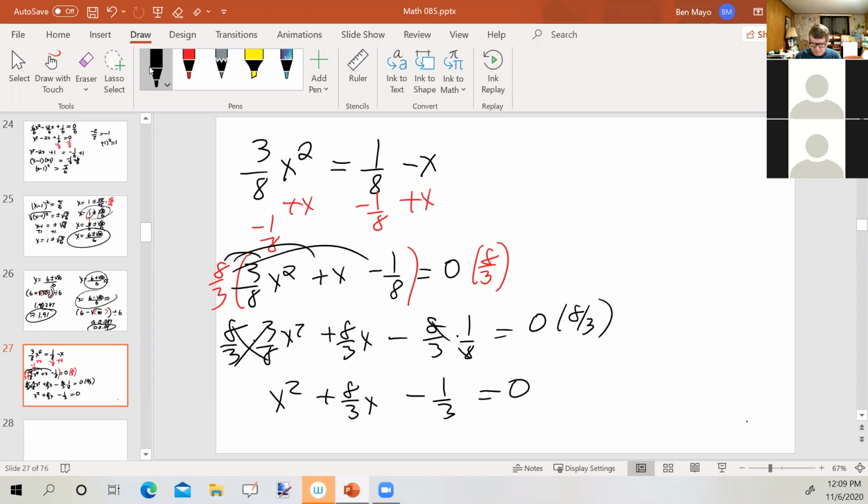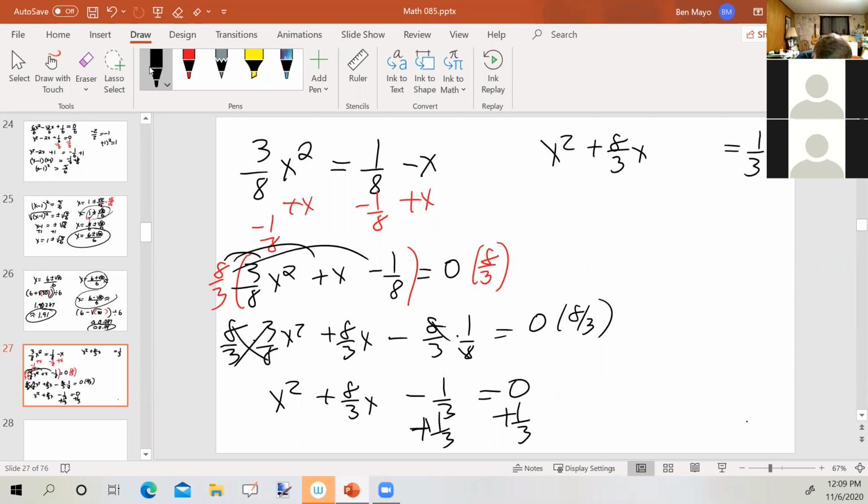Okay. Next step, I'm going to put that 1/3 back on the right side. So I've got x squared plus 8/3 x equals 1/3. Still with me? Yes. All right.